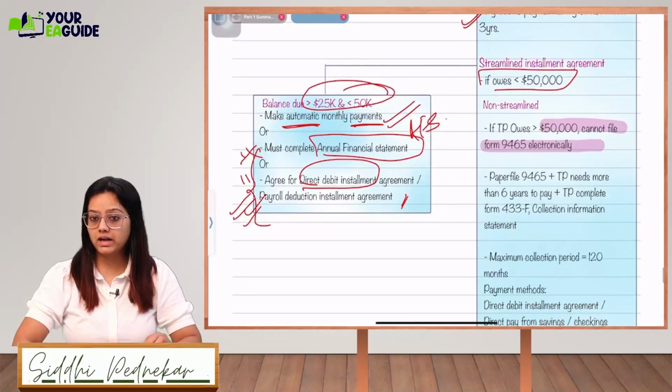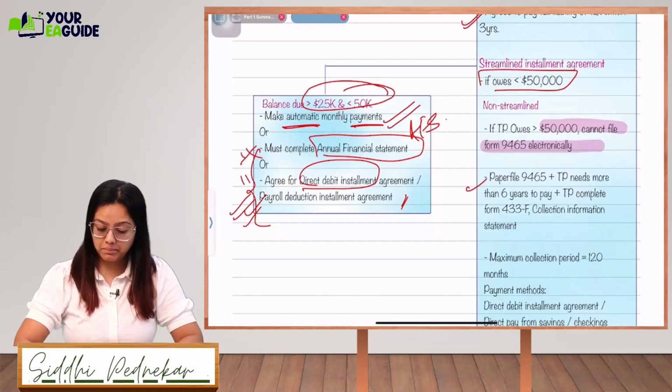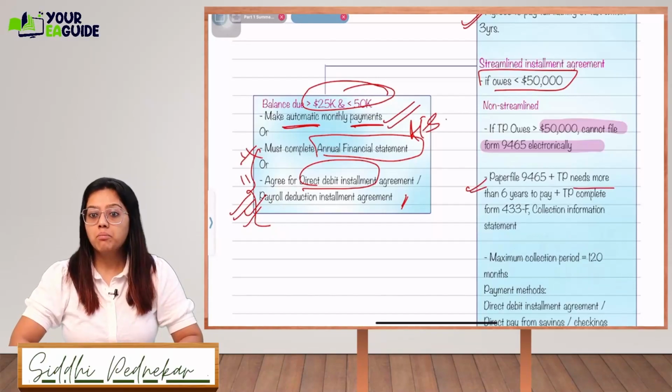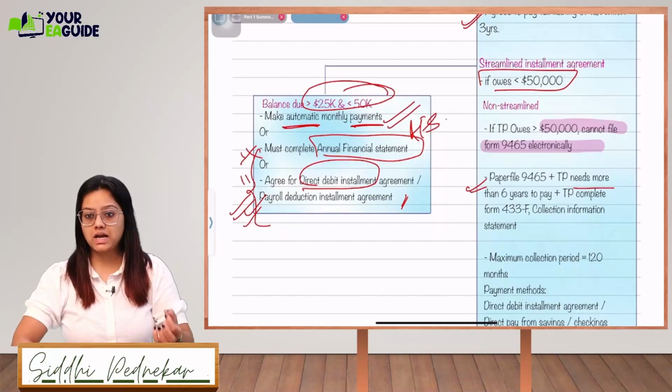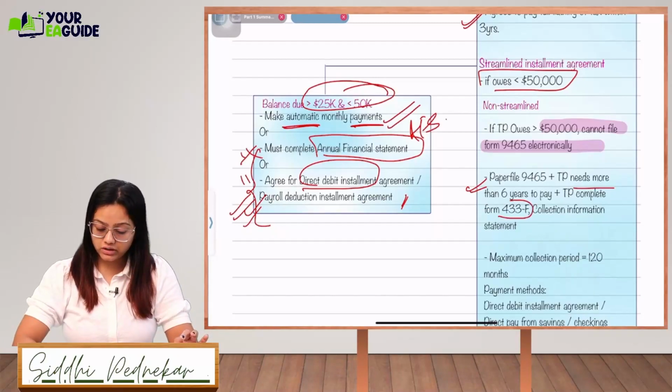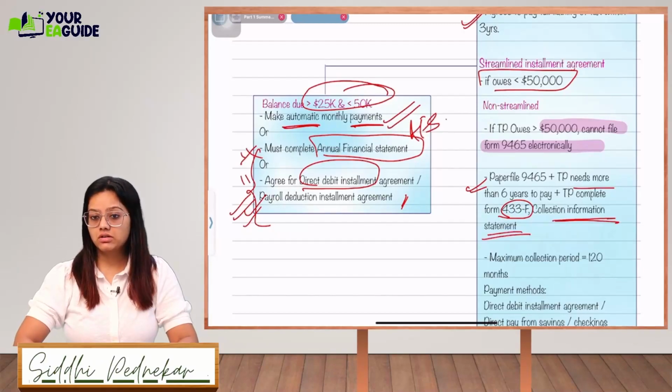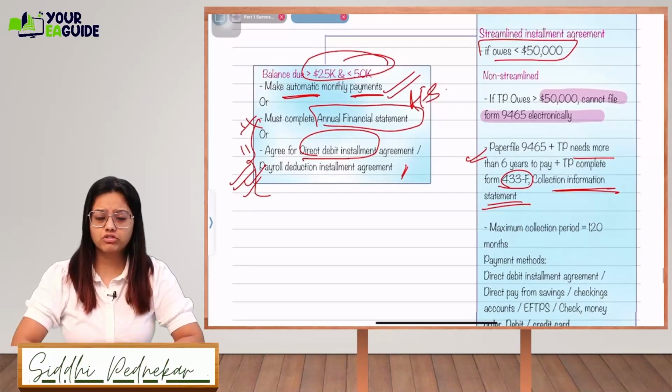They cannot file it electronically, they will have to paper file it, plus the taxpayer needs more than 6 years to pay. You can get more than 6 years' time to pay, plus the taxpayer completes Form 433-F as a collection information statement. You don't have to remember all this.